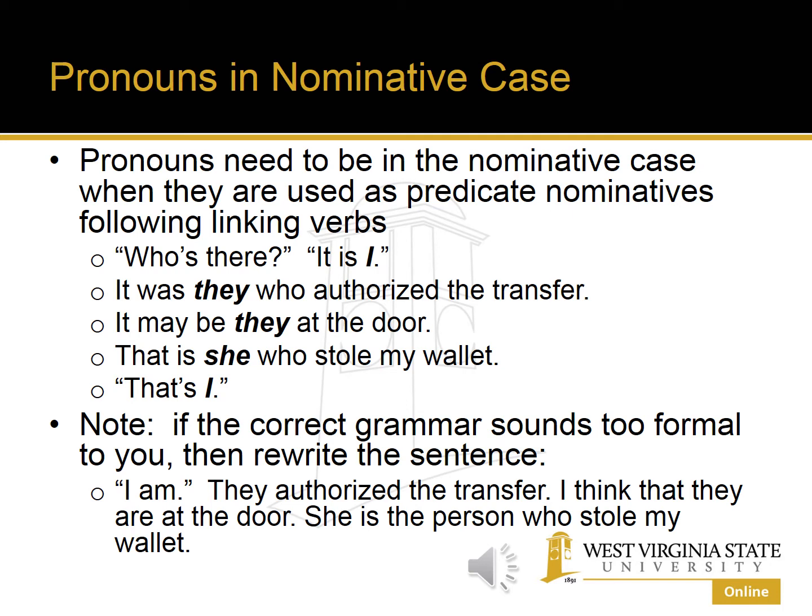You could say, I think that they are at the door, instead of it may be they at the door. She is the person who stole my wallet, instead of that is she who stole my wallet. And again, instead of saying that's I, you could say here I am or something like that.